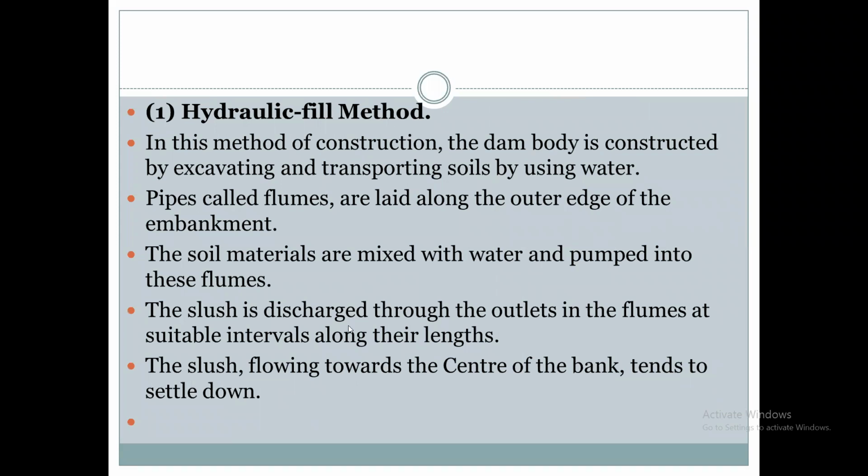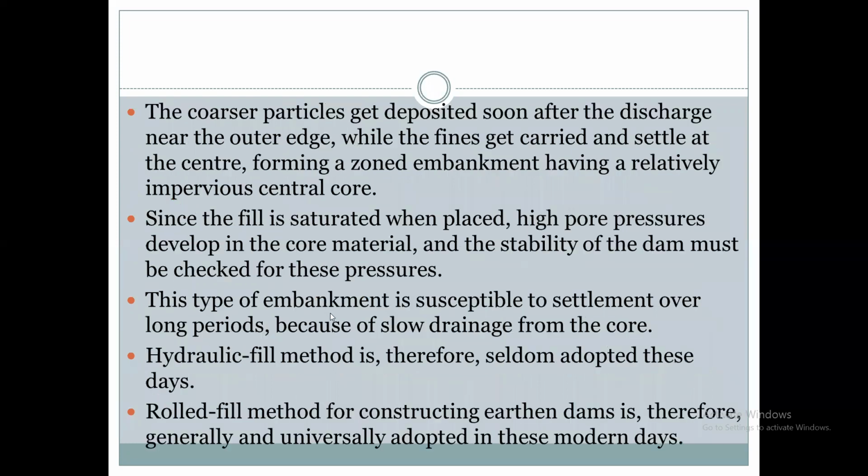In the hydraulic fill method, the dam is constructed by using water. The soil plus water is conveyed through pipes or flumes and discharged over the dam site, so that the soil is laid in layers.